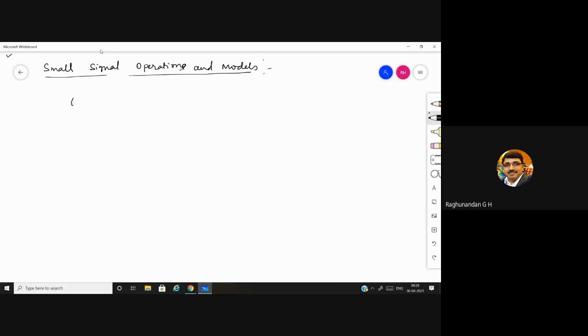If I write the collector current, I can write it like this: small i small c, capital I small c, small i capital C, and I with capital C. So these are the different varieties in which I can write the currents.